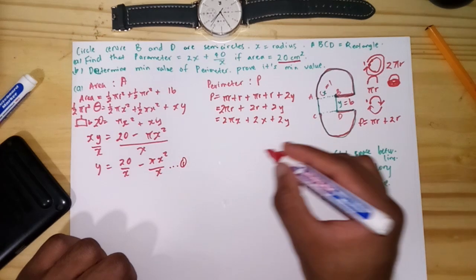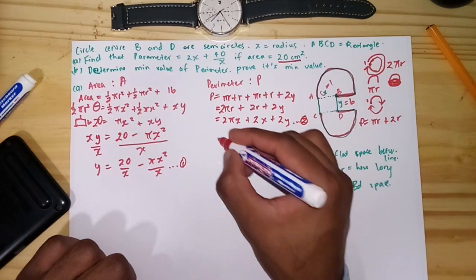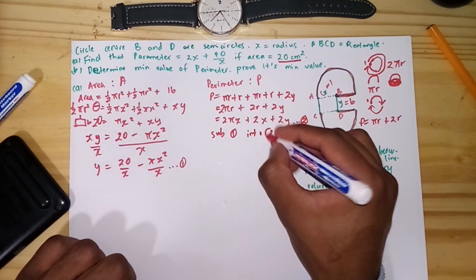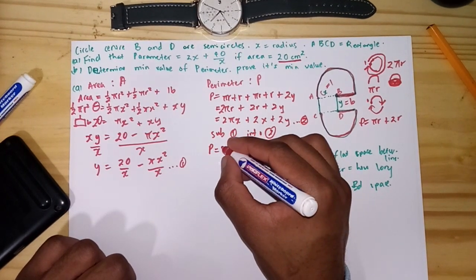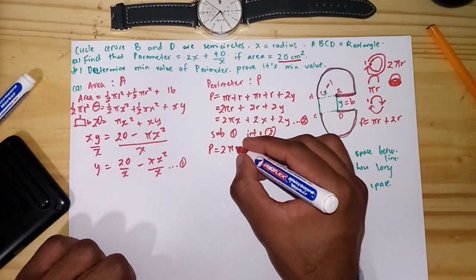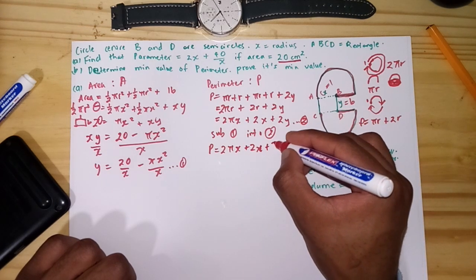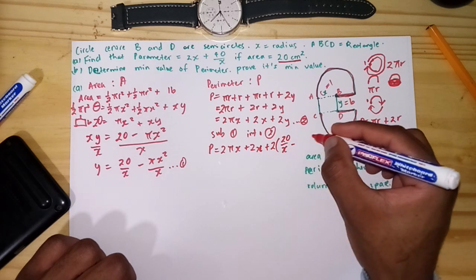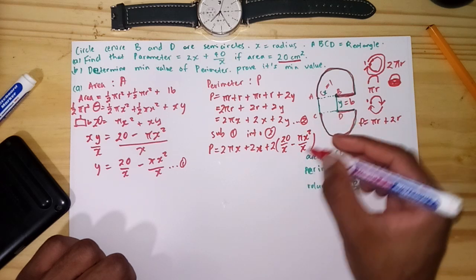Then come and say this is equation 1, and this is your equation number 2, so you can substitute 1 into 2. That's going to give you perimeter is equal to 2 pi x plus 2x plus 2 into 20 over x minus pi x squared divided by x.